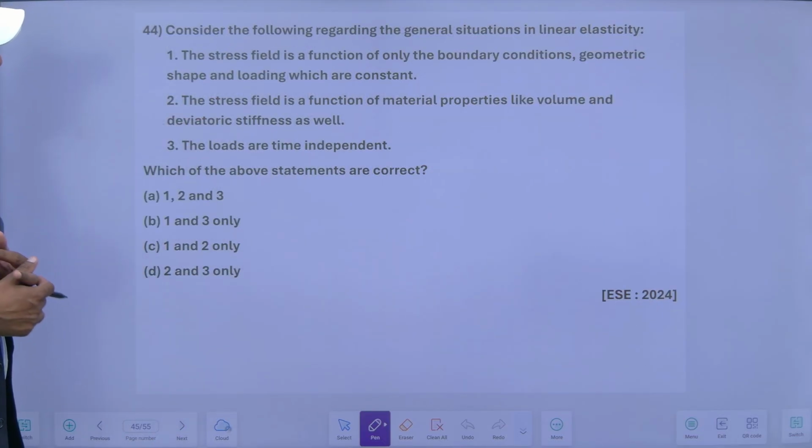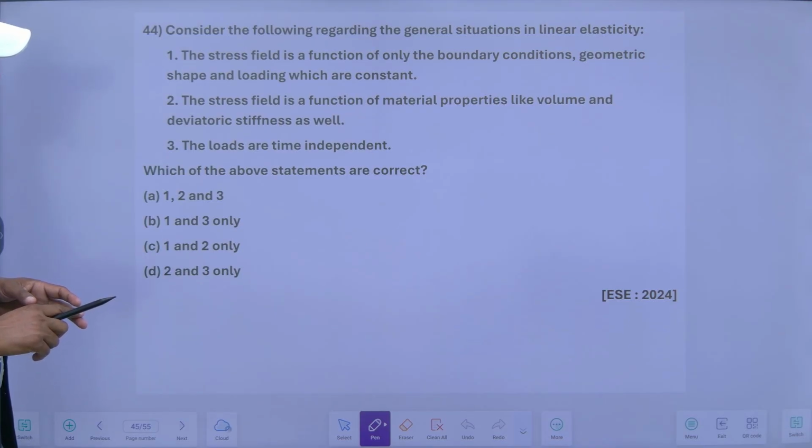Consider the following regarding the general situation in linear elasticity. Stress is a function of only the boundary condition, geometric shape and loading which are constant. The stress field is a function of material properties like volume and deviatoric stiffness. As well, the total loads are time independent.